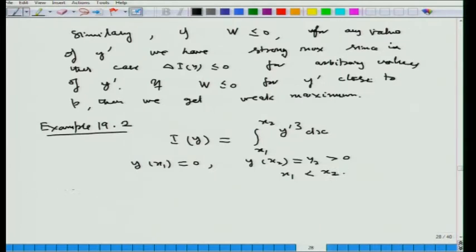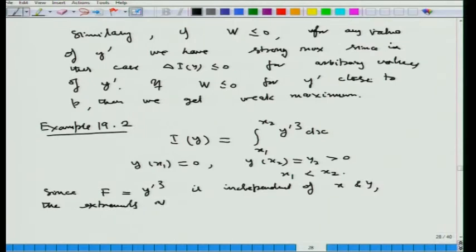Here, since this f, which is y prime cube, is independent of x and y, the extremals are straight lines, say y equals alpha x plus beta.